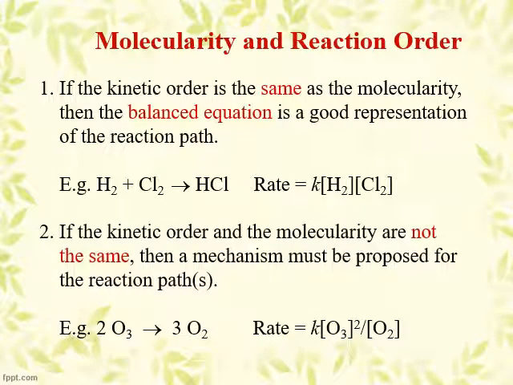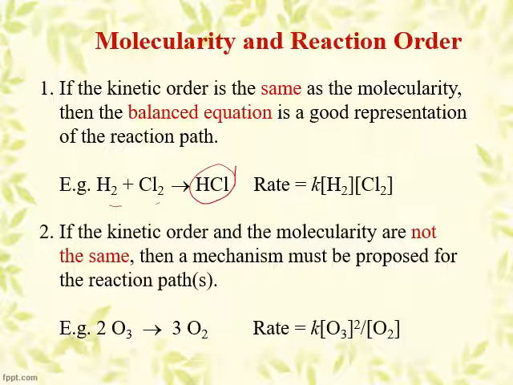Now, if the kinetic order is the same as the molecularity, then the balanced equation is a good representation of the reaction path. Look at the example given here: hydrogen and chlorine producing hydrochloric acid.